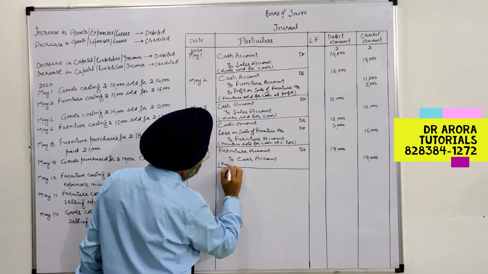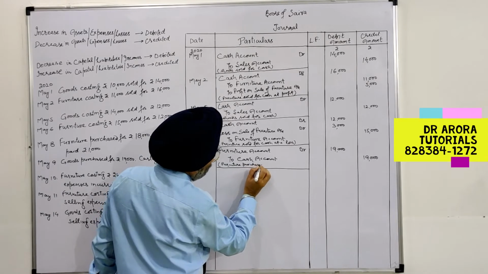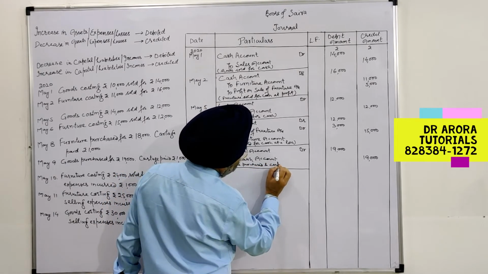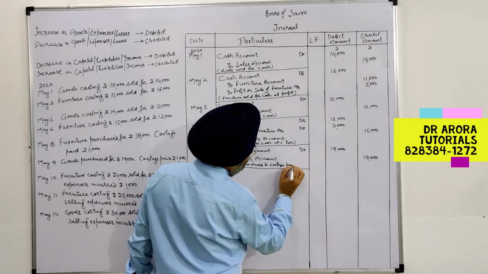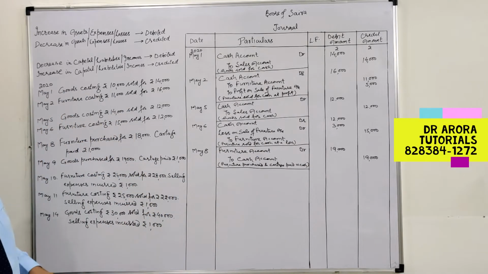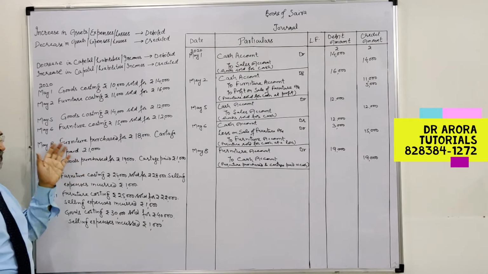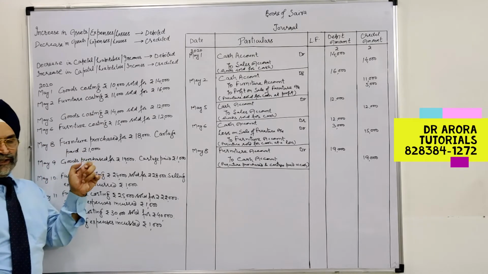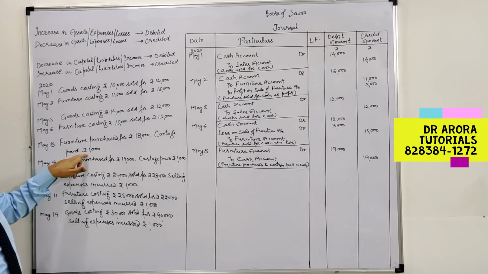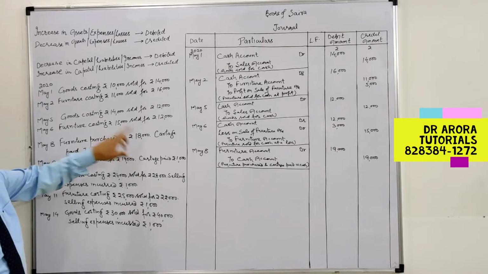Furniture purchased and cartage paid in cash. So this is our journal entry. So whenever we buy a fixed asset, any expense incurred in connection with the purchase, since its purchase till the asset is put into use, the expense will be included in the cost of the asset itself.